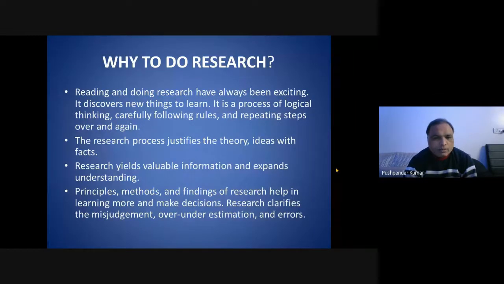And research helps us to understand what is misjudgment, what is over-underestimation, and possible error. So let us see up to what extent you agree with me that whenever you are about to take decisions, you are afraid whether you are going to take the right kind of decision or not.